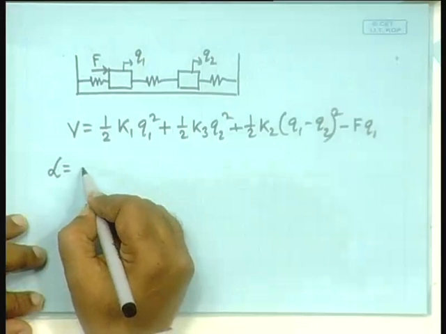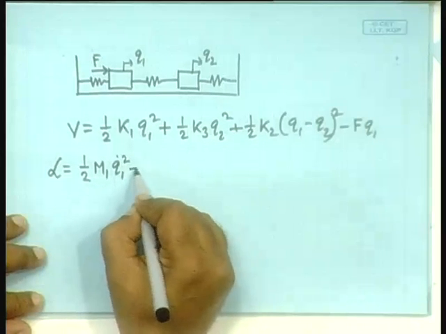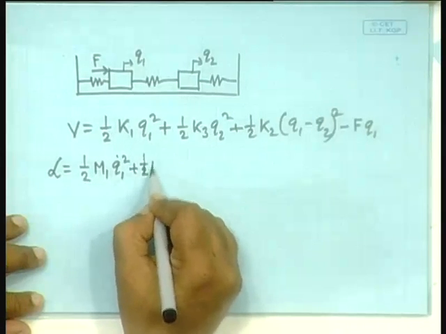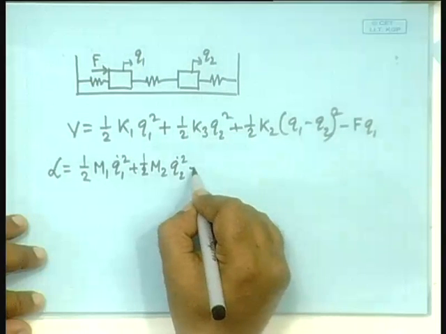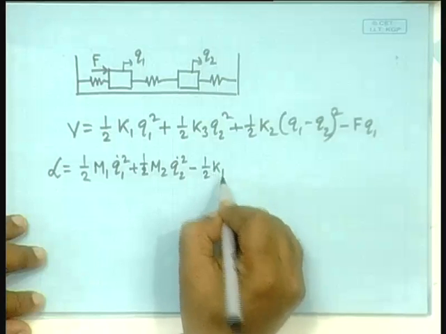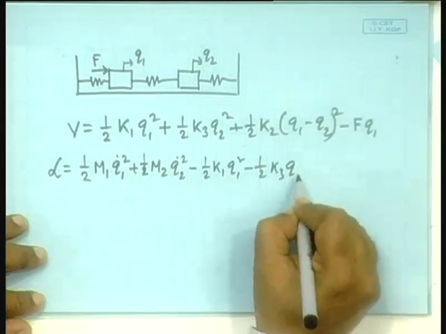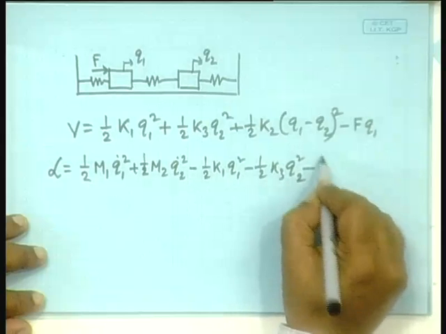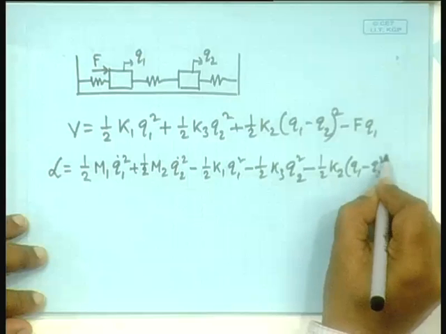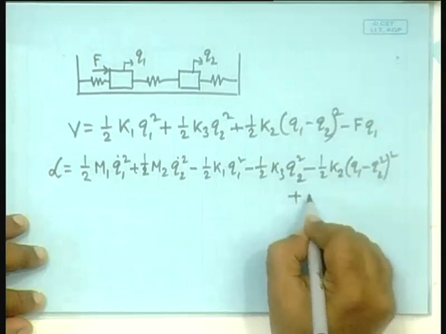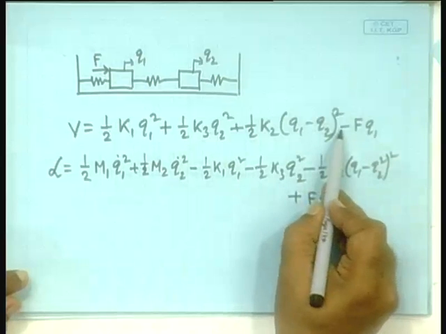It was half m1 q1 dot square plus half m2 q2 dot square minus half k1 q1 square minus half k3 q2 square minus half k2 (q1 minus q2) square plus F q1, right, because this is minus, it becomes plus.